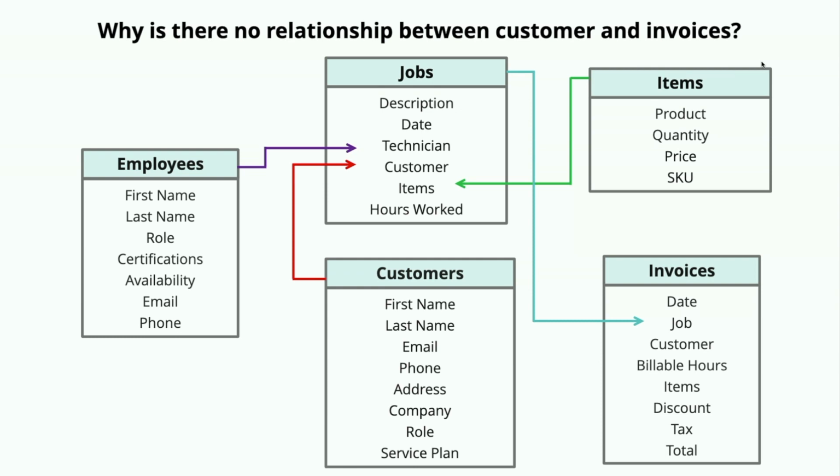What we already need from customers is already being pulled into jobs, and we're already going to pull jobs information into the invoice. In fact, job, customer, items, billable hours, all of that stuff is going to be pulled through the jobs module, which is being pulled from all these other places. So we just need that single entry point, and we can go and now pull all that other information.